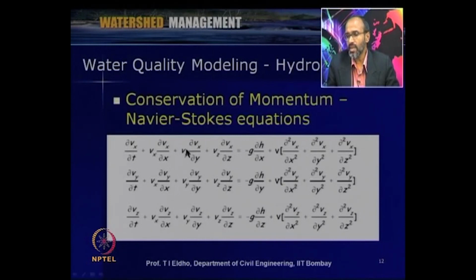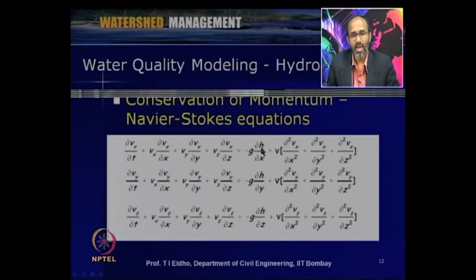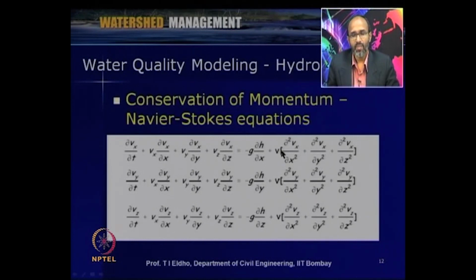We can represent, for example in x direction, del Vx by del t plus Vx into del Vx by del x plus Vy into del Vx by del y plus Vz into del Vx by del z is equal to minus g del h by del x plus nu into del square Vx by del x square plus del square Vx by del y square plus del square Vx by del z square. So, that way we can represent the momentum equations. This is for x direction; similarly we can write for y and z directions.